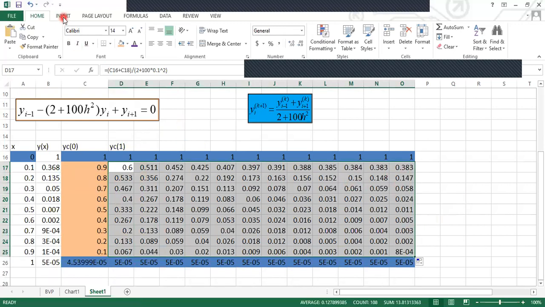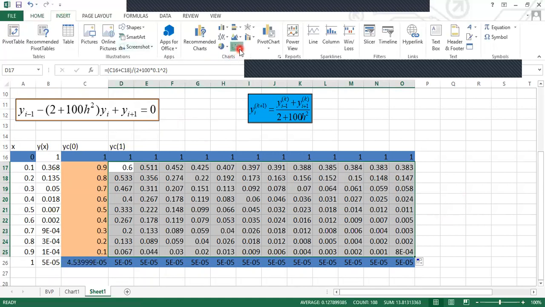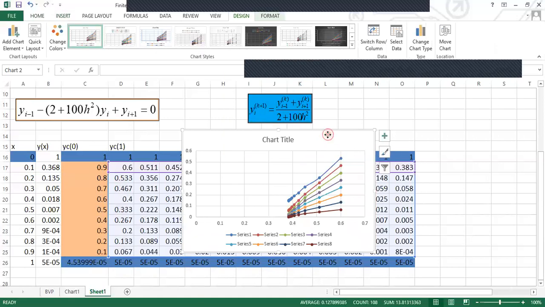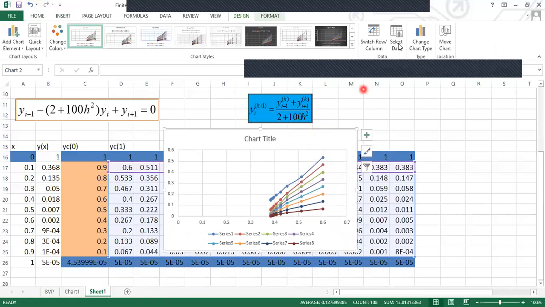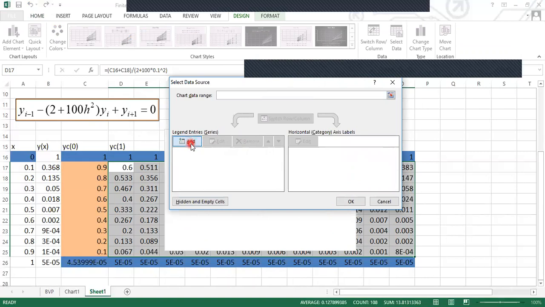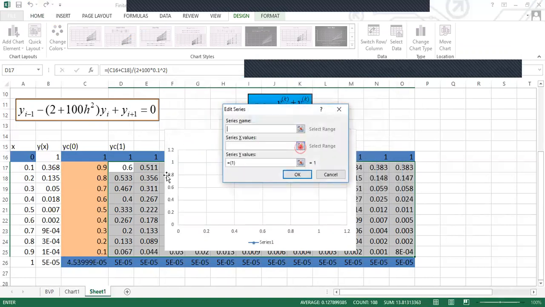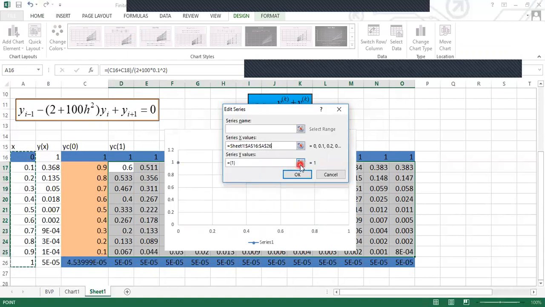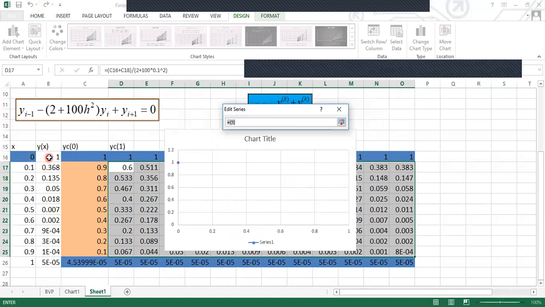So I will plot. Select data. The first series, x values, and then the y values. Let's first select the exact values.